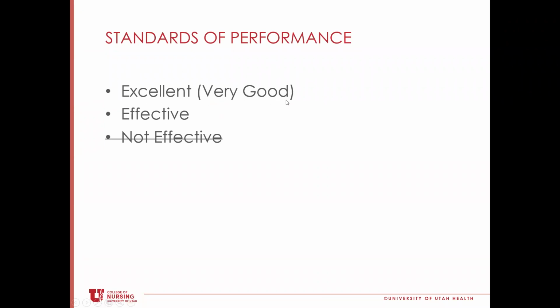From the university's perspective, both of these would be considered excellent. And the difference between excellent, including very good, and effective is one of scope and impact, and the durability of one's work. So everybody that works at the university is expected to be effective, and work that has greater impact is then considered to be excellent.